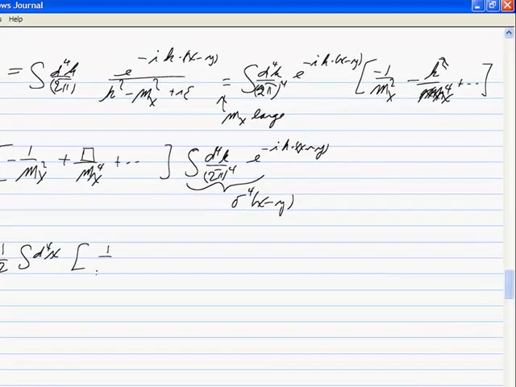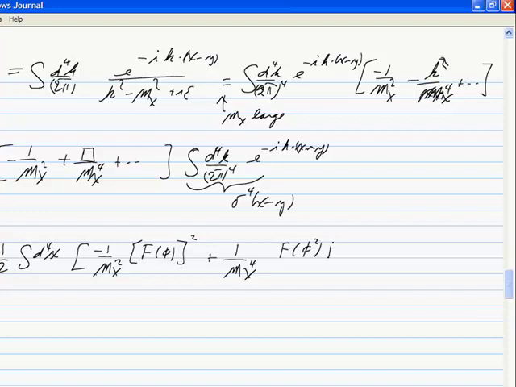And it ends with minus 1 over m chi squared f of phi squared evaluated at x plus then 1 over m chi to the fourth f of phi box f of phi plus dot dot dot.